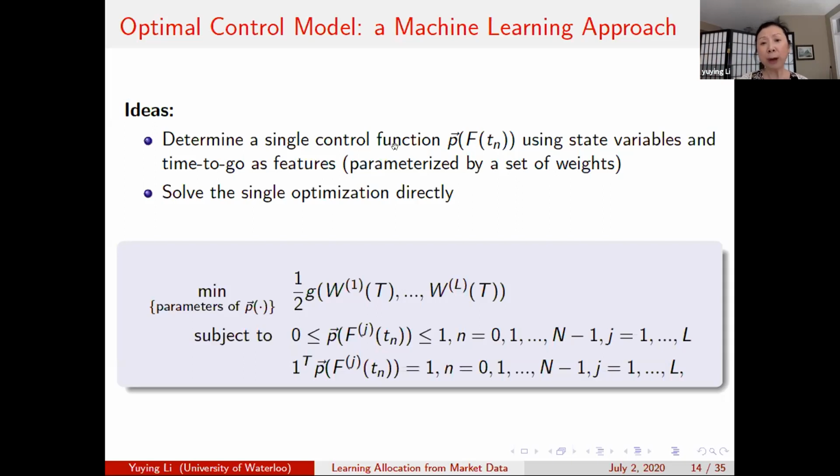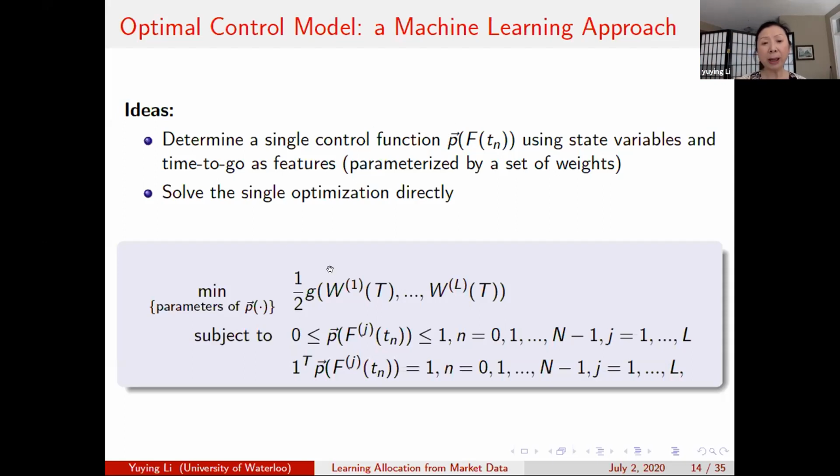If I do this representation, then my control function will be parameterized by a set of parameters like the weights of a neural network, right?